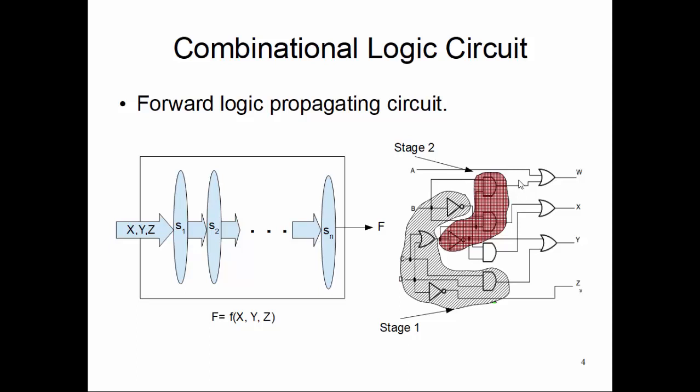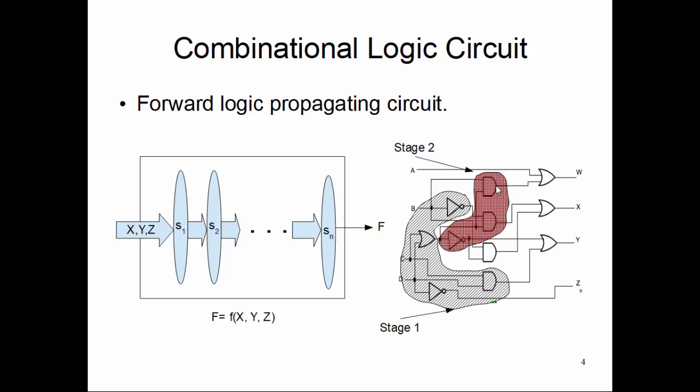Every stage can have a primary input, that's fine, but what matters is the highest stage from which one of its inputs is coming. That becomes the stage number plus 1, of course. For this set of gates, the highest stage number from which its input is coming is 1, so this red set of gates has stage 2.